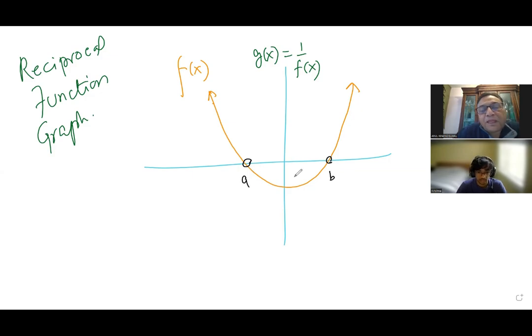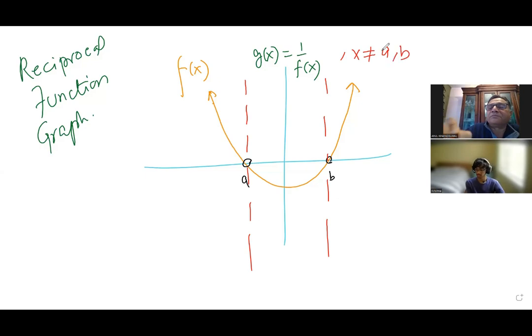In that case, we have 1 over 0, which is a vertical asymptote. So straight away, at every x-intercept, draw a vertical asymptote. I purposely made a hole there, saying that there is a discontinuity. So we say x is not equal to a and b.